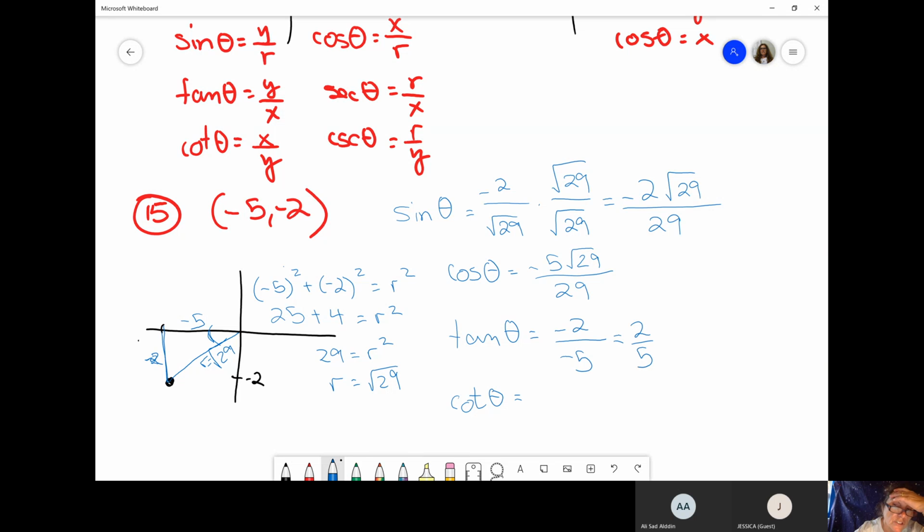The cotangent is the reciprocal of the tangent. So that would be 5/2. The secant of theta, which is the reciprocal of the cosine, is a negative square root of 29 over 5.